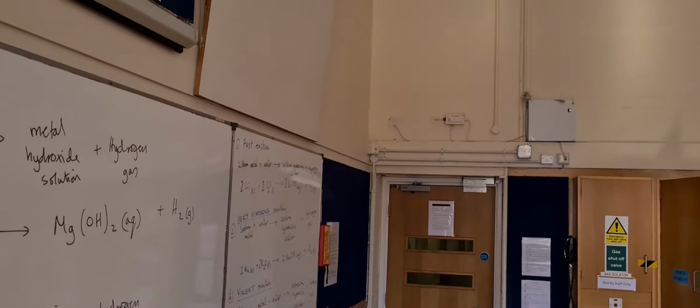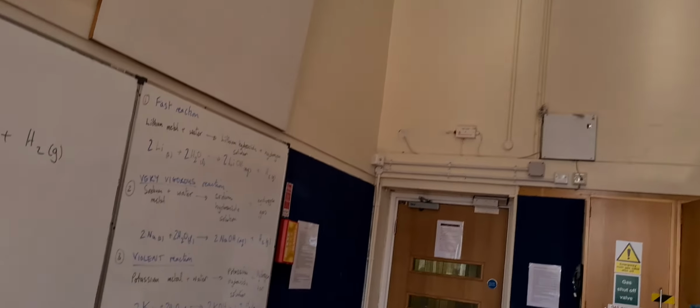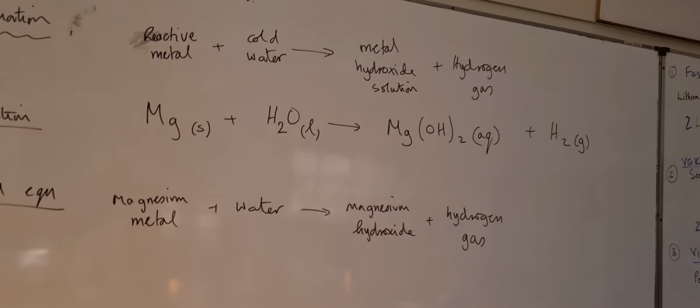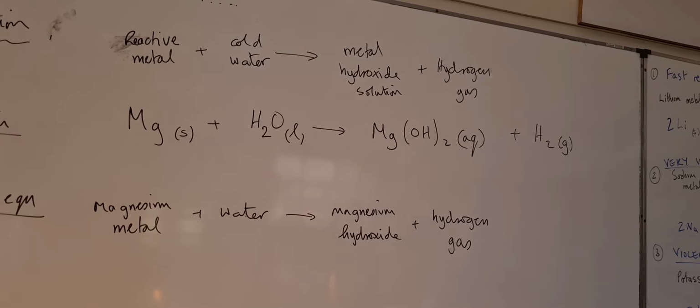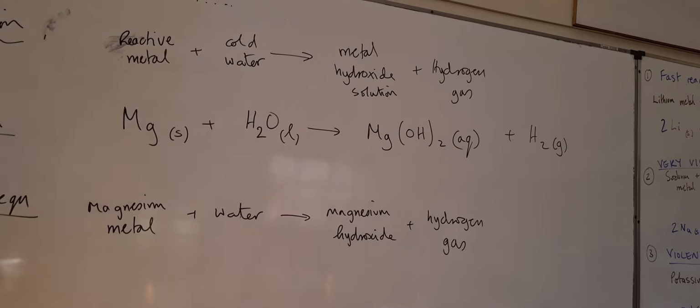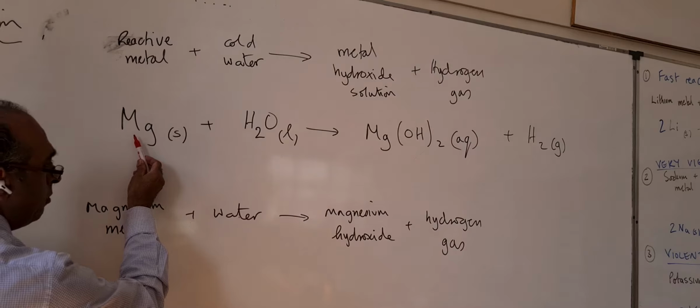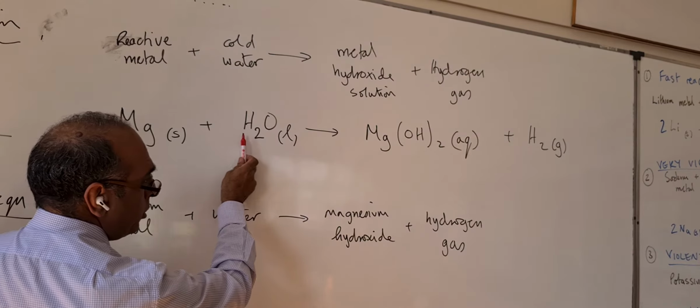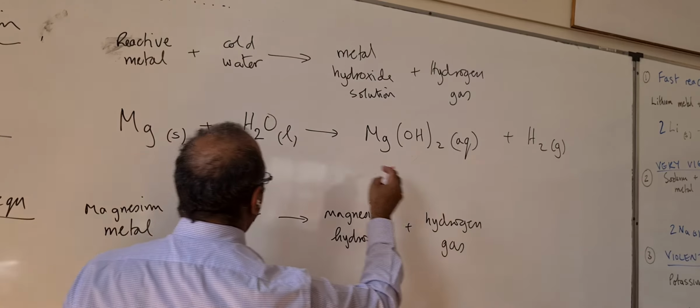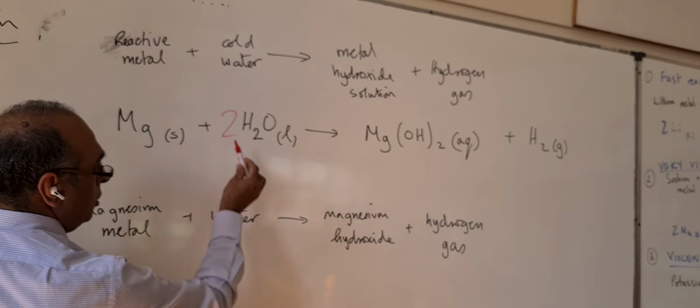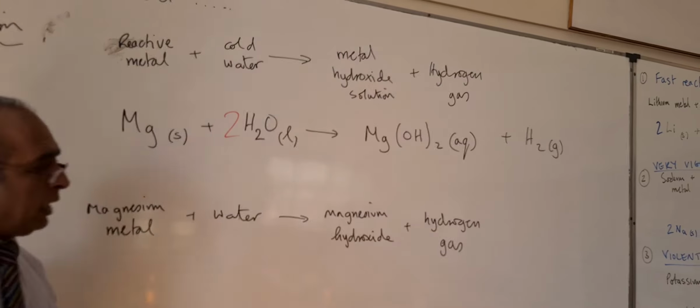Now, what you need to do is to balance the simple equations that we have. So there's one magnesium, two hydrogens. You know, you've got four hydrogens, so you need a two there. Two oxygens. That's now balanced.